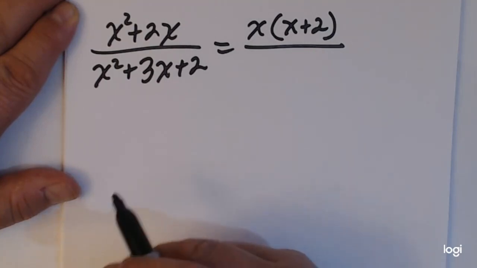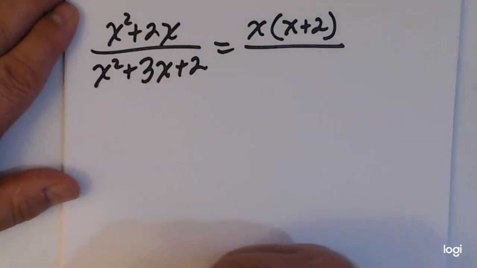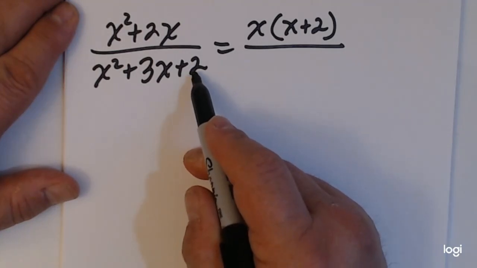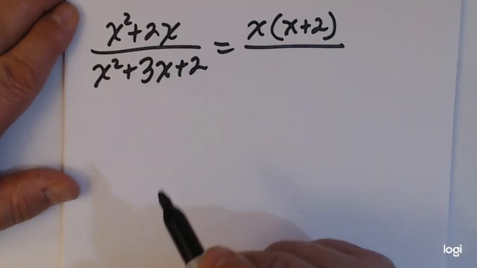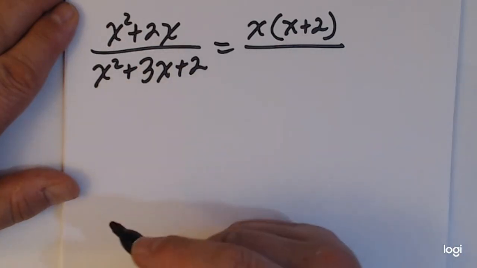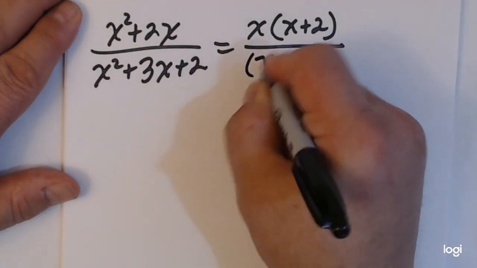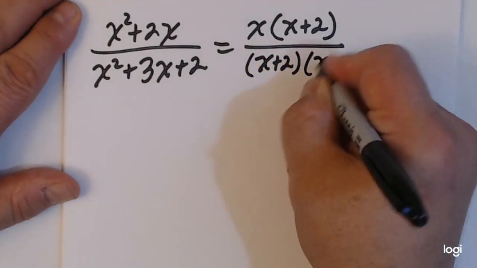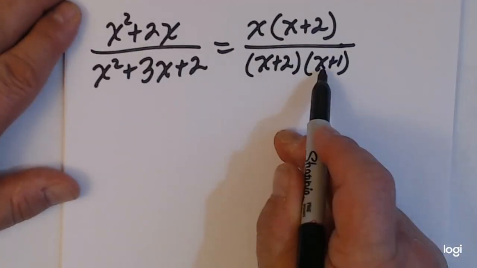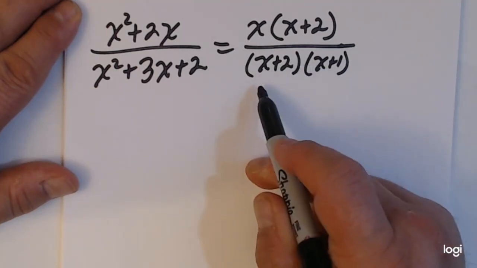And we need two numbers. It's going to take the form x plus something times x plus something. And we need two numbers that when multiplied together equal 2, and when added together equal 3. Well, I think it's pretty obvious that the numbers are 2 and 1. So we have x plus 2, x plus 1. And you'll see, foiling it, we take the first terms, x times x, x squared.